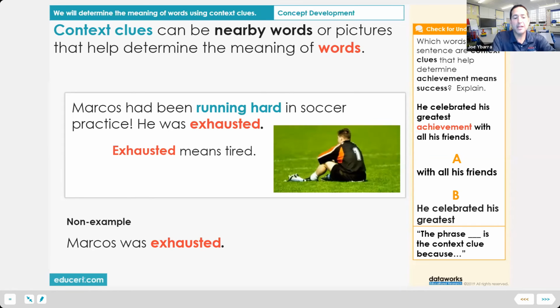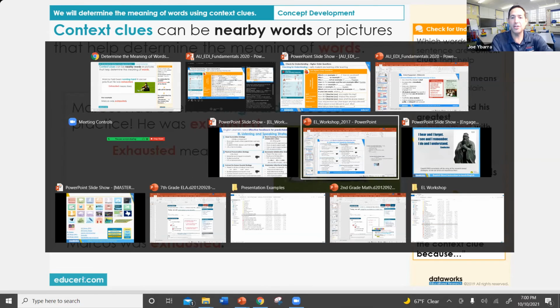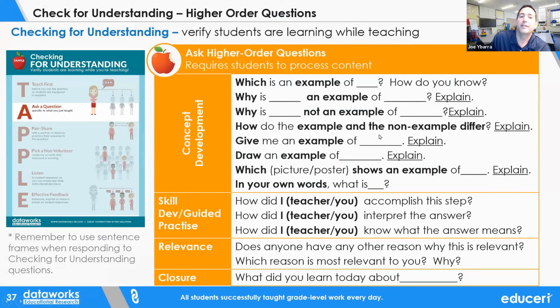Okay, so that's a piece of differentiation, and it's the beginning of Bloom's taxonomy of our higher order questions. Which is an example of a context clue? Is it A or is it B? How do you know? Why is B an example of a context clue? He celebrated his greatest.